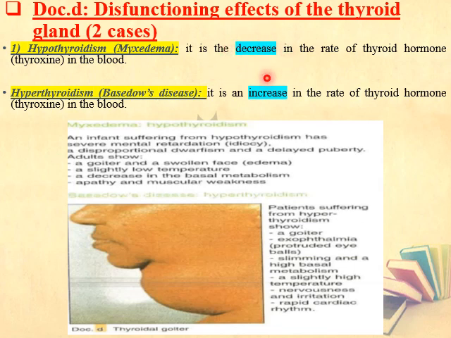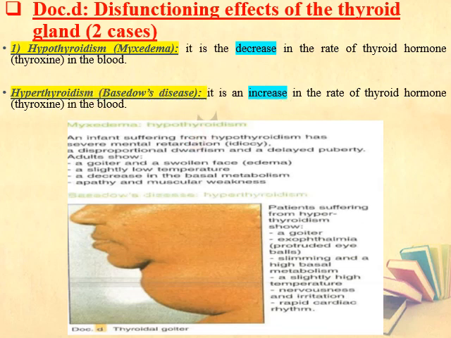If the thyroid gland isn't secreting enough thyroid hormones into the blood, such a person will suffer from hypothyroidism. And if the thyroid gland is secreting a high concentration of thyroid hormones, this person will suffer from hyperthyroidism or Basedow disease.